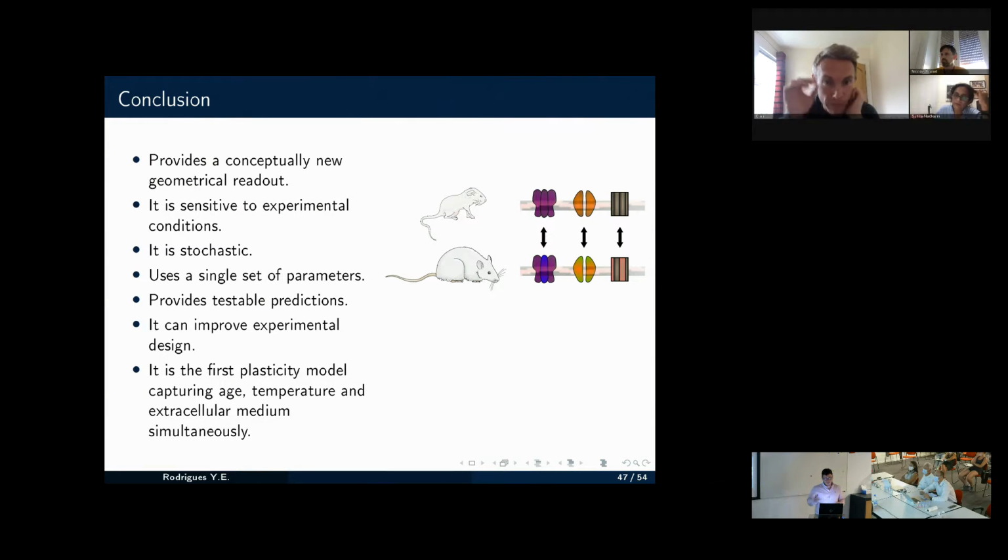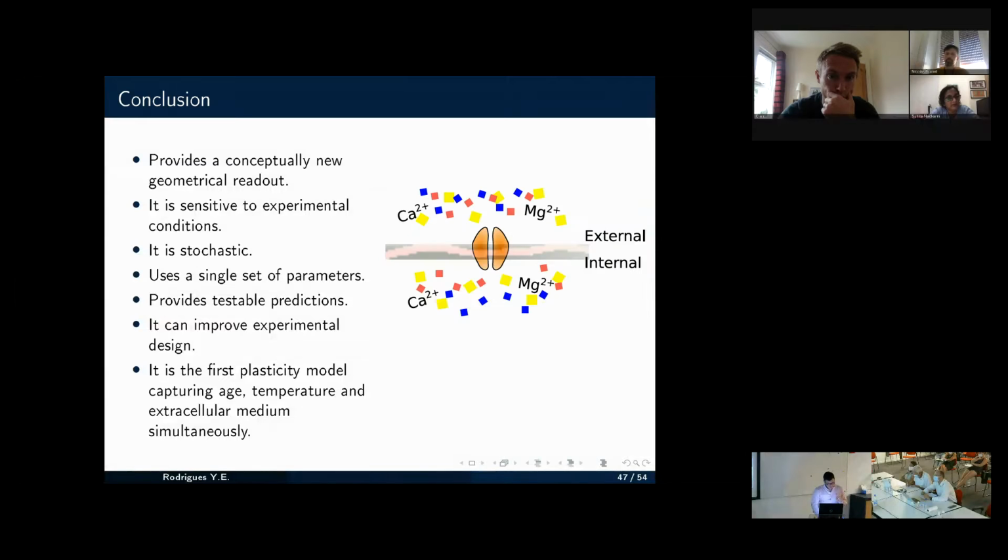And for the last conclusion of this list, we have the first plasticity model that can put together simultaneously the age of the animal, the temperature, and the extracellular medium. Okay? So age, temperature, and extracellular medium.